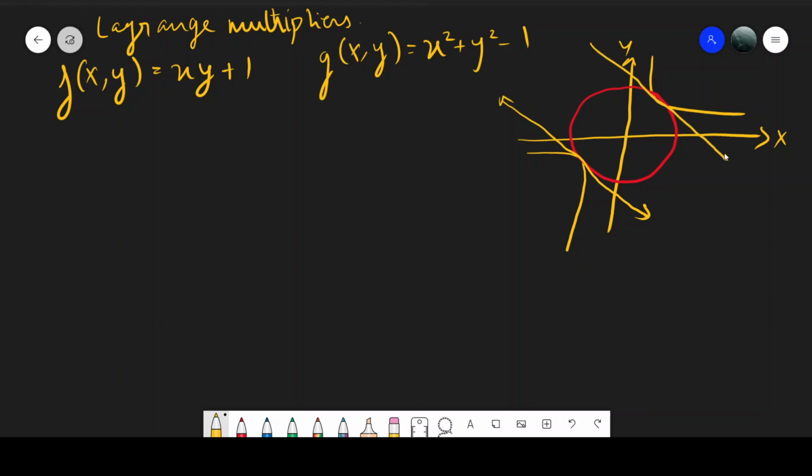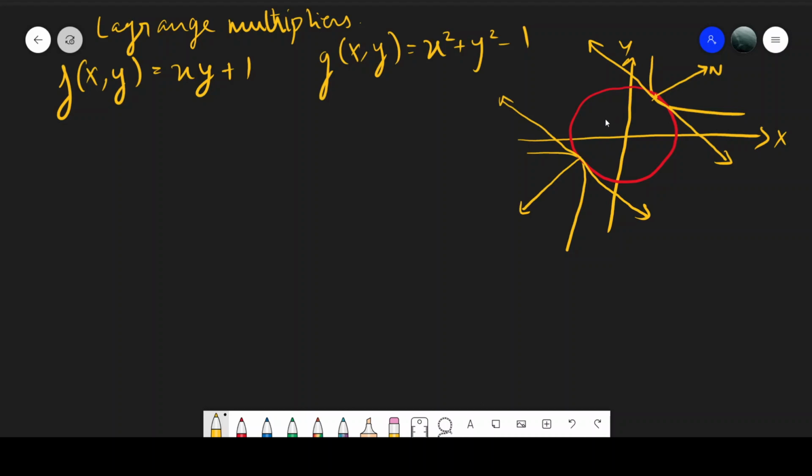So this is the common tangent. We can say that the tangent line is shared by both the curves, and if that happens, then the normal is also shared. There'll be a normal to this curve at the same point where the tangent is shared. There's going to be another normal to the other curve, which is going to be 90 degrees to it. So this is one normal, and this is another normal.